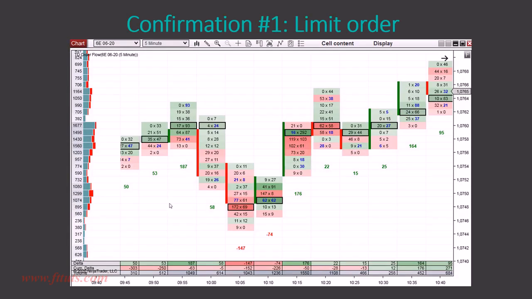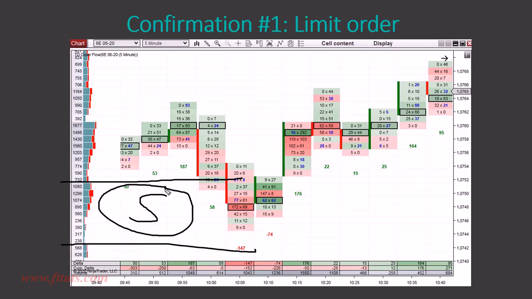Now another example, imagine that you found the support, for example, using volume profile somewhere in this area. This is a support, and you are waiting for confirmation in here. Because this is a support, you want to go long, and you are waiting for a big number to appear on bid somewhere in here.